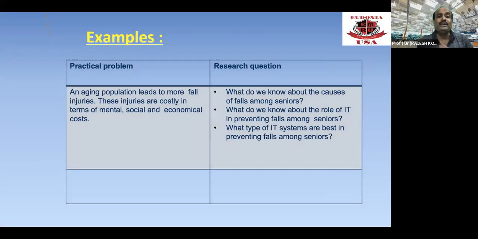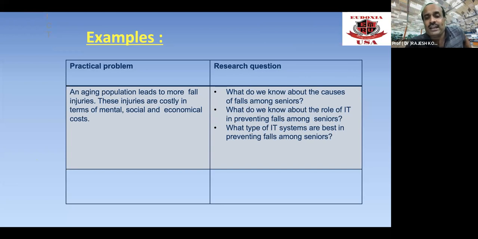So how are you to frame it? Practical problem: an aging population leads to more fall injuries. These injuries are costly in terms of mental, social and economic cost. It becomes a burden. Think that a 70 or 75 year old individual in the family has broken a leg, cannot move, or is bedridden; what is the research problem, what are the practical things?